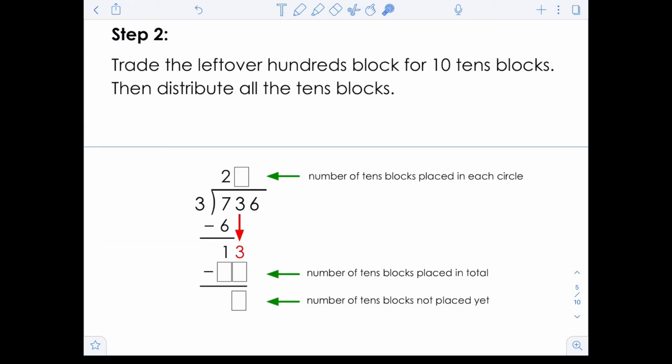13 divided by 3 is 4. 3 times 4 is 12. Okay, so that's the number of tens blocks placed in total. And the number of tens blocks not placed yet is 1. 13 minus 12 is 1.